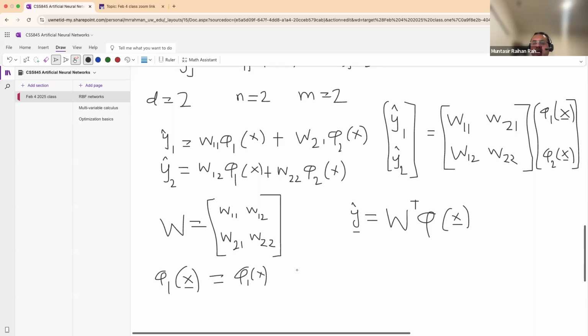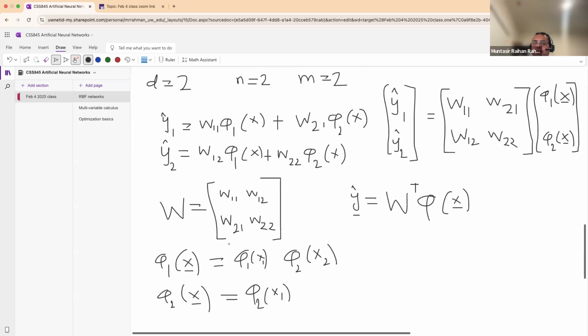You can think of it as x1 and x2, and then phi 2 of the vector is phi 2 of x1, sorry, this is phi 1, and then we have phi 2 of x2.